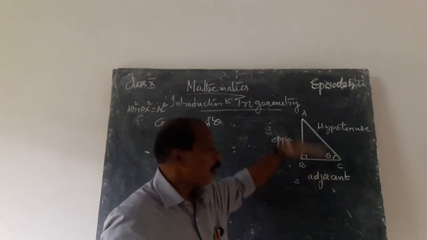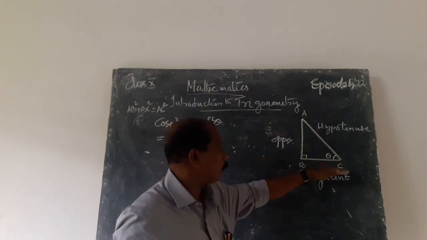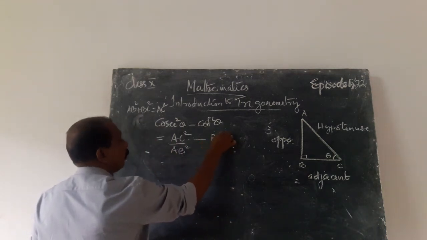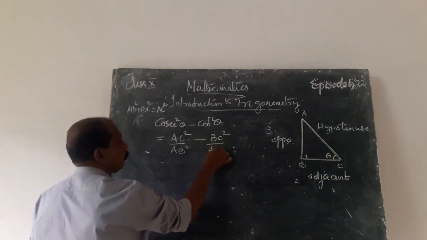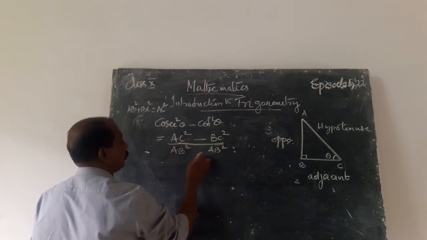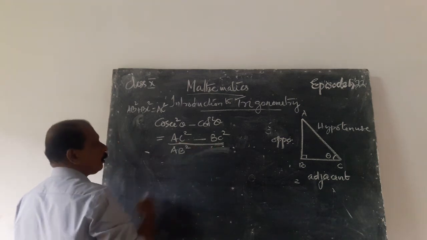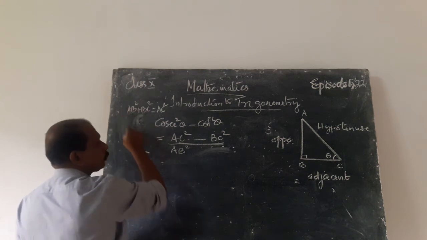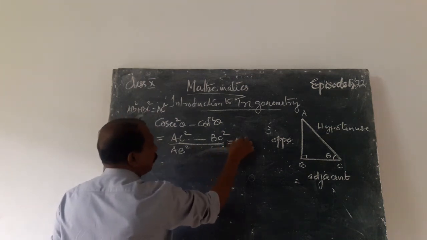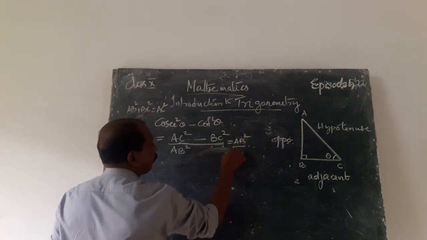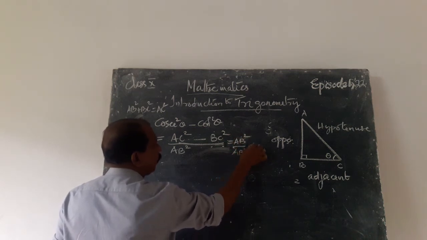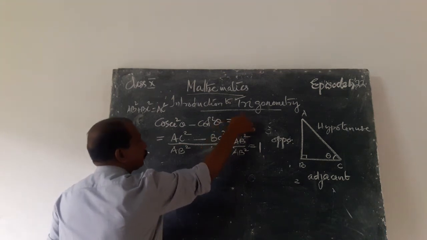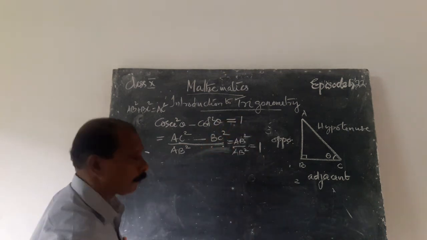What is cot? Adjacent by opposite, that is BC by AB. Therefore, it is BC square by AB square, same denominator. Then AC square minus BC square is AB square. That is equal to AB square by AB square. Any number by that number is 1. Therefore, cosec square theta minus cot square theta is 1.